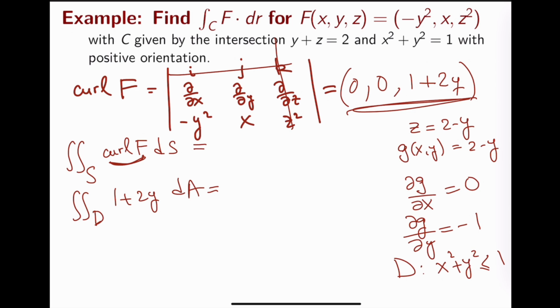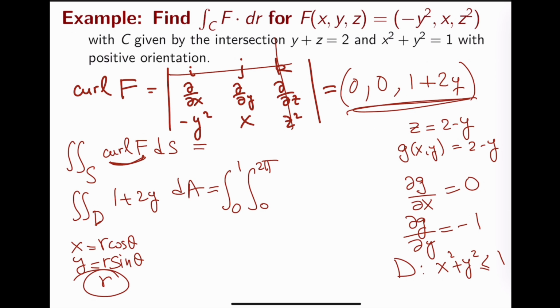So in order to calculate this integral, since the domain is this disk, it will be convenient to do a change of variables. So let's do a change to polar. So this is x equals r cosine, y equals r sine, and we are going to multiply by r, the differential. And so this is going to be equal to the integral between 0 and 1 of the integral between 0 and 2 pi. I'm using r outside in this case, and so the angle inside.